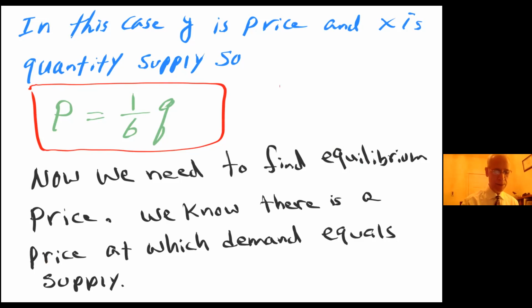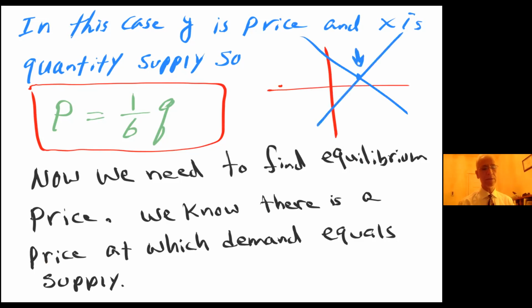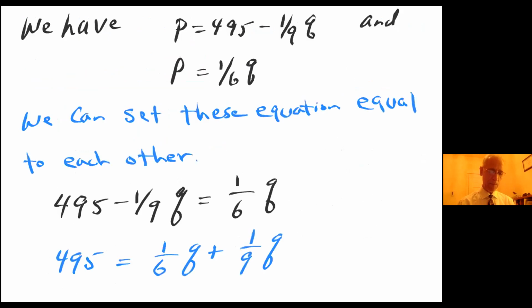If you look at the graph, at that point, the demand and supply intersect, so they have the same value. Using that idea, and remembering that my first equation was P equals 495 minus 1/9 of Q, and P equals 1/6 Q.